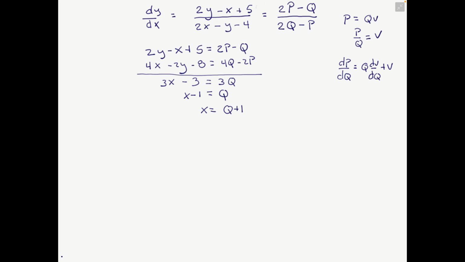Now we have to solve for the y variable. Okay, so in order to get the y variable, we multiply the numerator by 2, so we got 4y minus 2x plus 10 is equal to 4p minus 2q, and then the denominator is 2x minus y minus 4 equals 2q minus p.